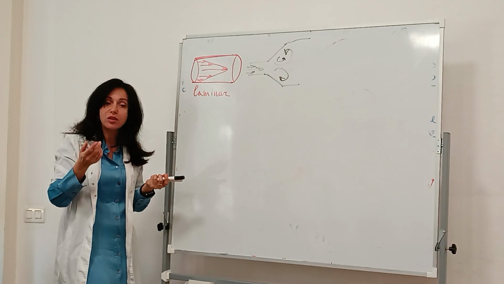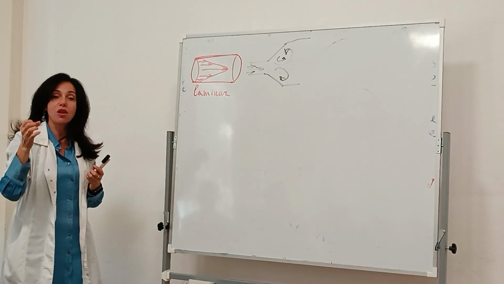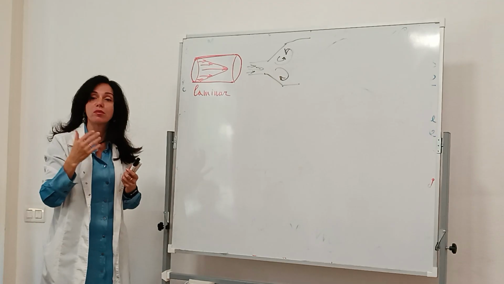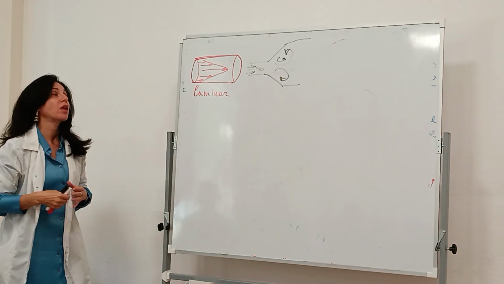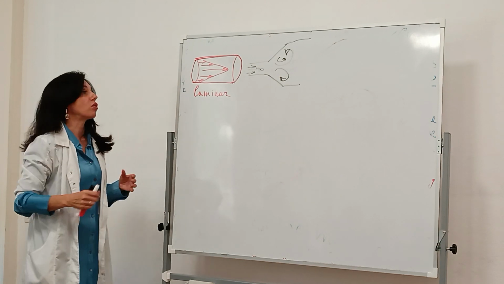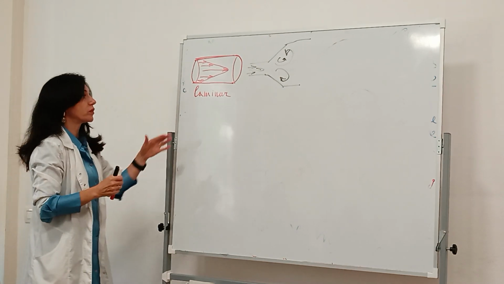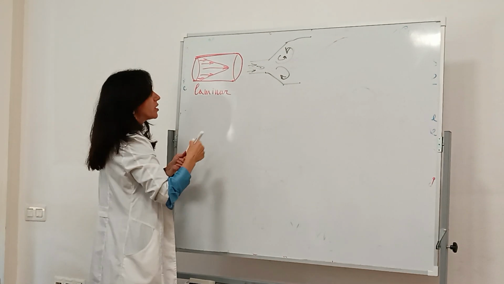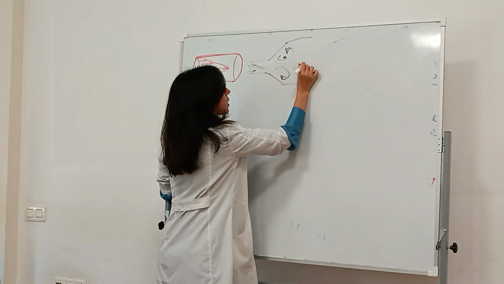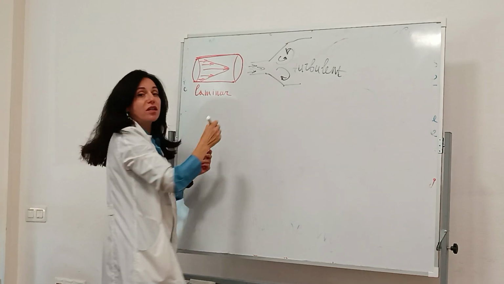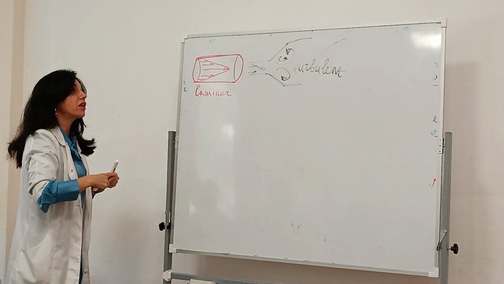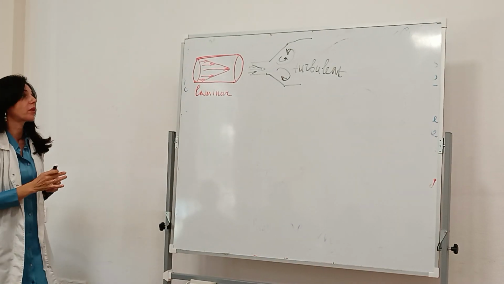It's a local problem, but a crucial problem for the brain, which organizes behavior and controls internal organs. That is the difference between laminar and turbulent flow. Laminar is better and more appropriate to supply organs.